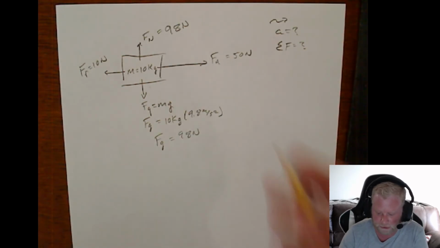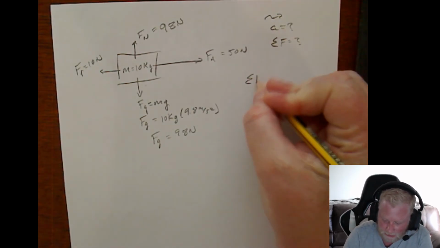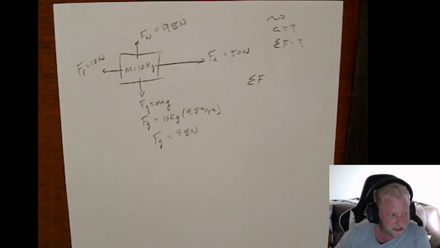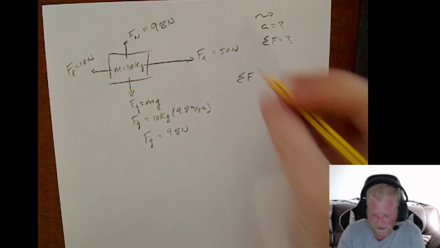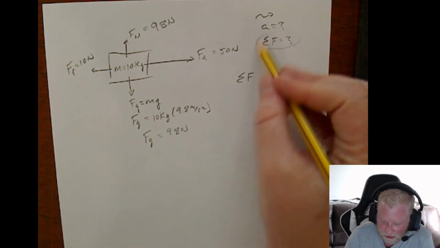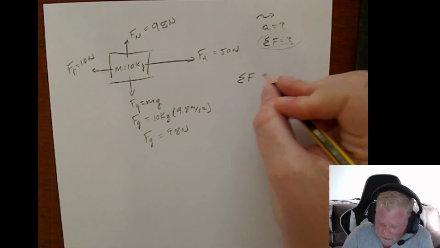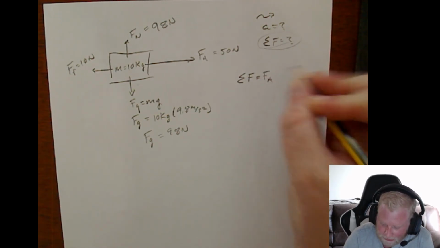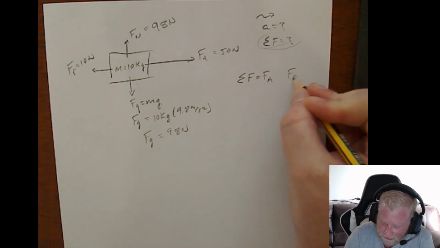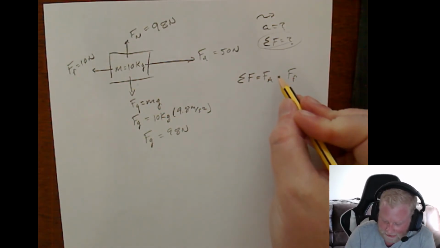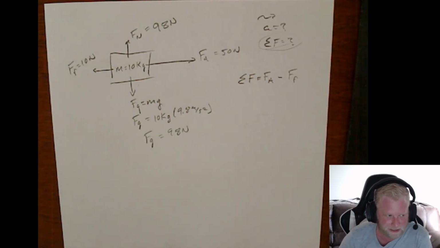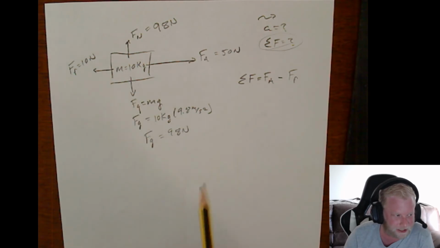Now, if we want net force, again, your net force is the sum of your forces in any dimension. The two forces that we have in the horizontal, where the net force exists, are our applied force and our frictional force. In this case, it's going to be applied minus friction. Why is that? It's because they're in opposite directions.